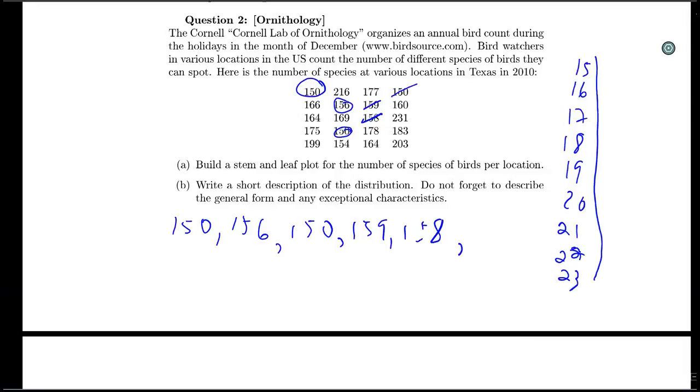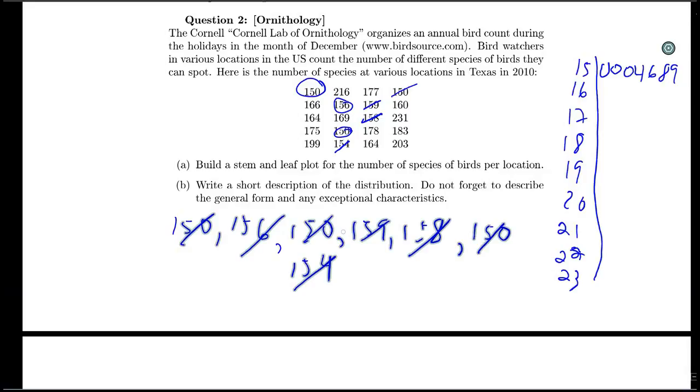So I have 150, oh, and I missed a 154, and so writing them in ascending order, so I have 150 that I see 3 times, so I'll need to put in 3 zeros, and then I have a 4, 6, 8, 9. Okay, so these are our 150s.